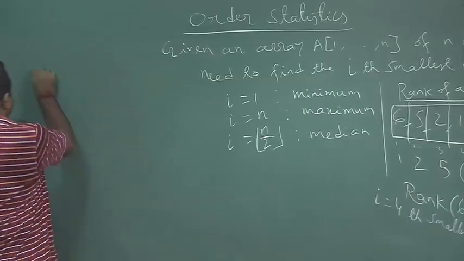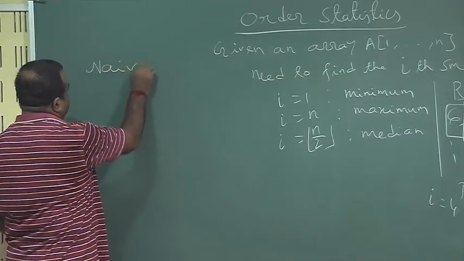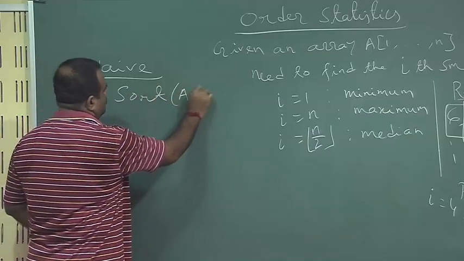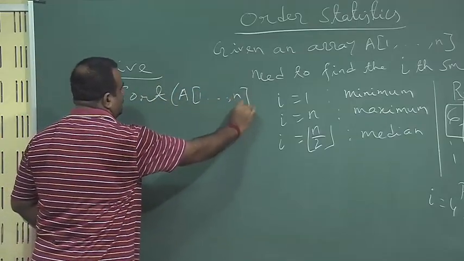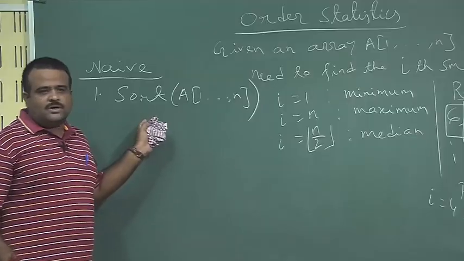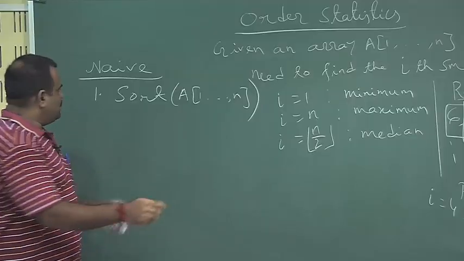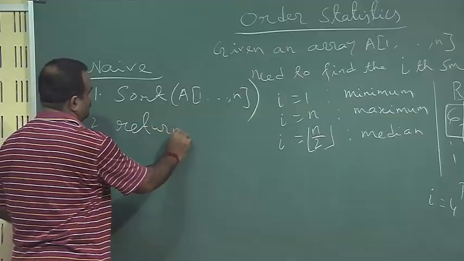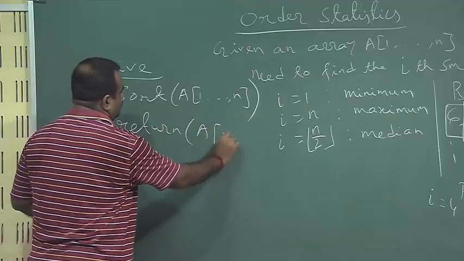The naive approach is we can sort the array first, and then after sorting we can go to the ith position and return A[i] after sorting.